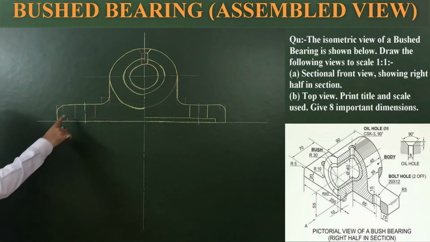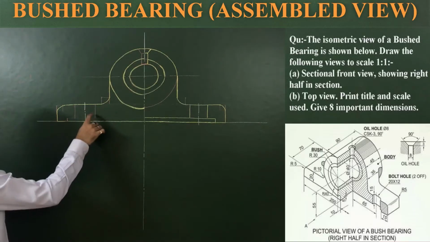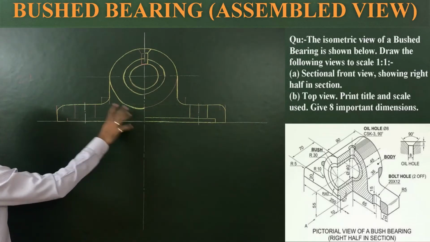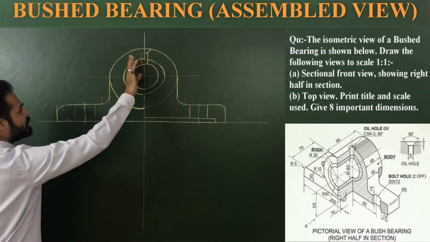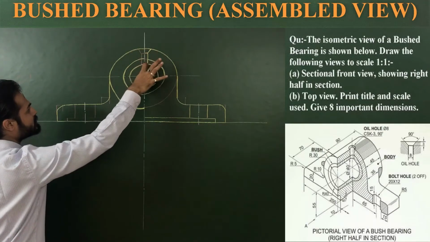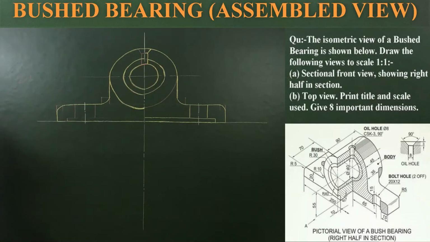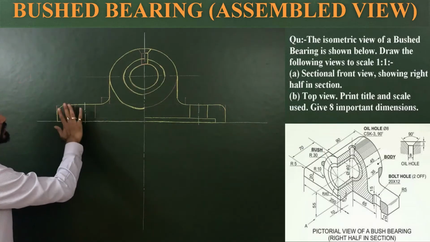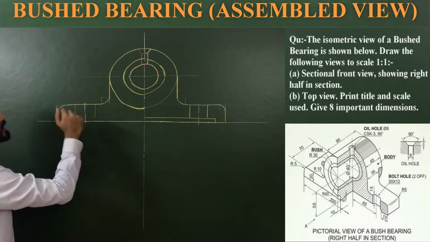Here these light lines are hidden lines. The right half is in section, so the right half is dark visible, left half hidden. Now as per CBSE, we don't have to show all hidden lines, all these hidden lines are to be ignored.